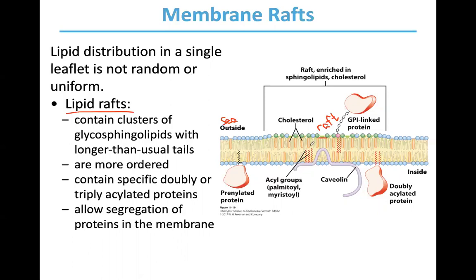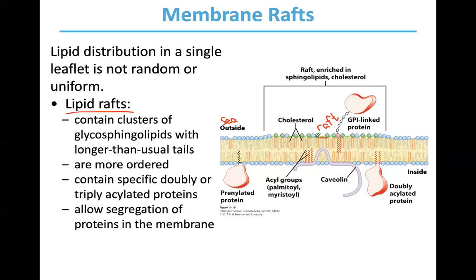And so lipid rafts have a variety of functions. Some of the functions of lipid rafts is actually to bring proteins together so the proteins can interact, right? It's a way for the cell membrane to not allow spontaneous random distribution of proteins in the cell membrane.